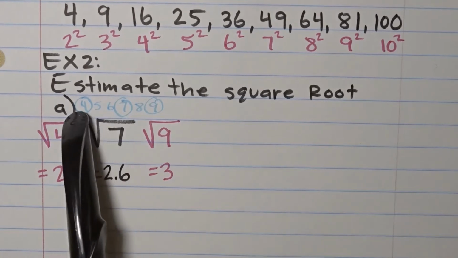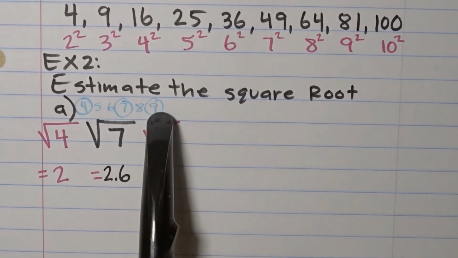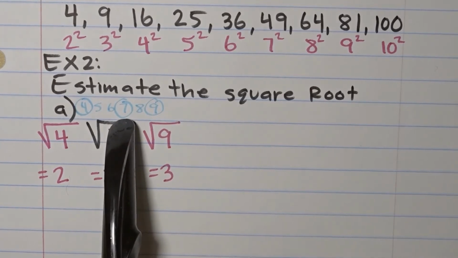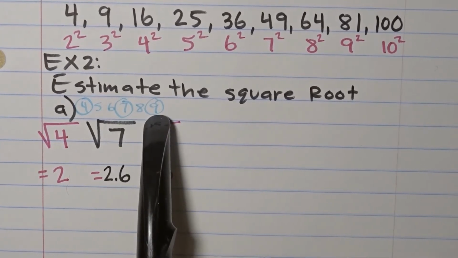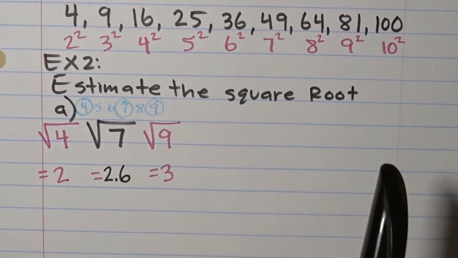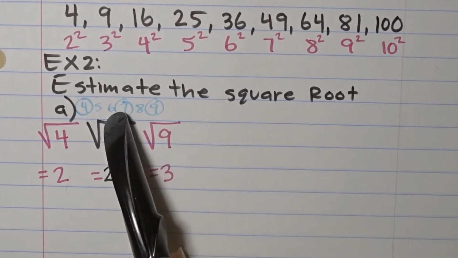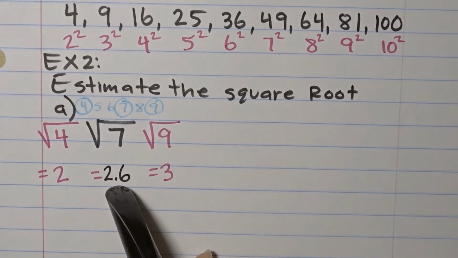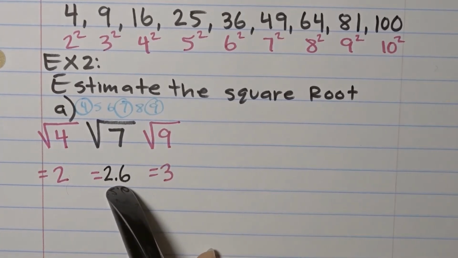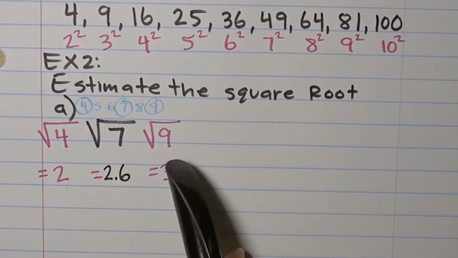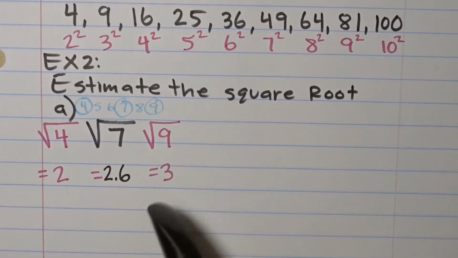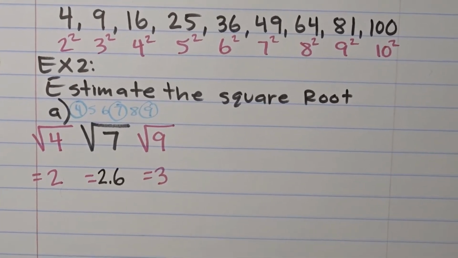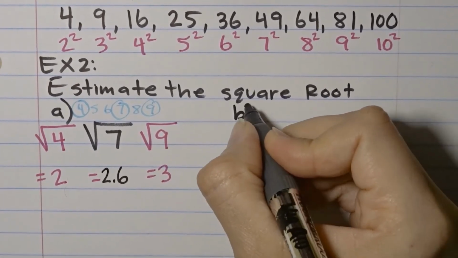And it's not, so I listed the numbers from 4 to 9, and I saw that 7 was not right in the middle. It was a little bit to the right, closer to 9 than it was to 4. What number would have been right in the middle? 6.5 would have been right in the middle. So therefore, I do know that 2.5 would not be the best estimate. So I just went one tenth closer to the 9, or closer to the 3, and I got 2.6.